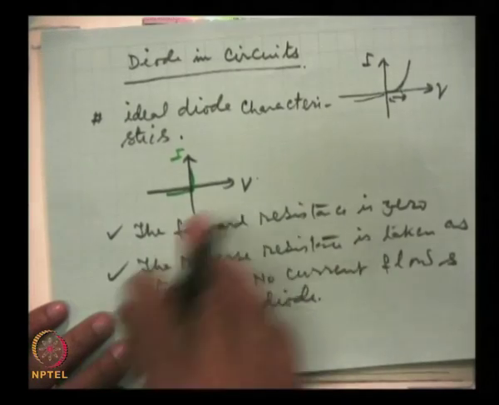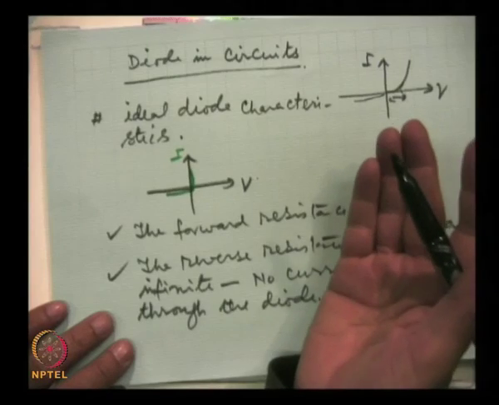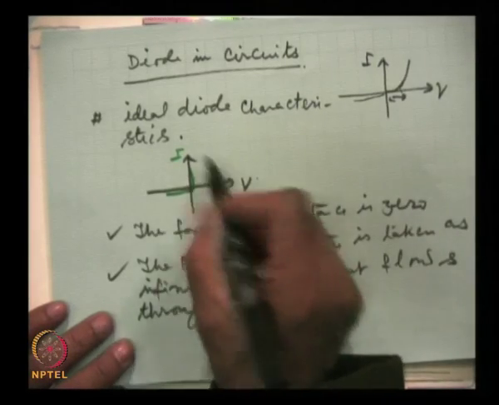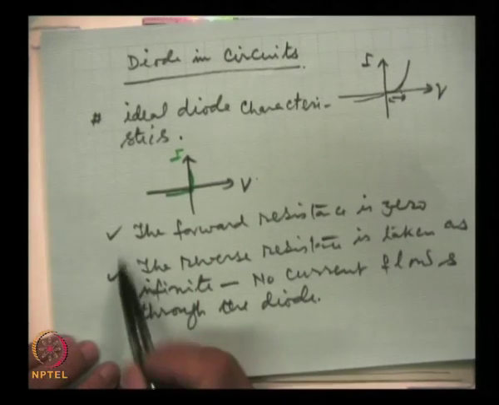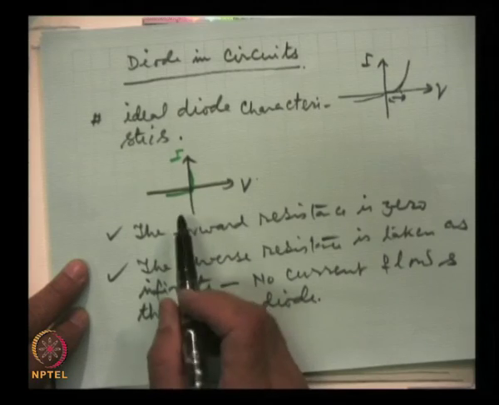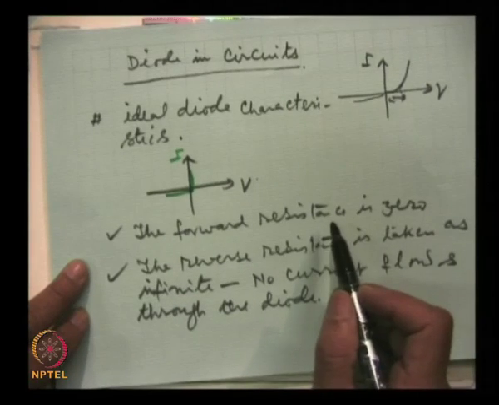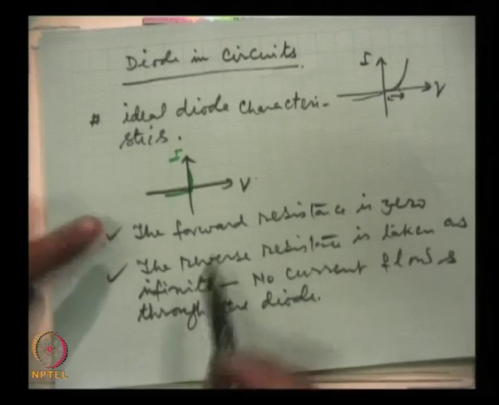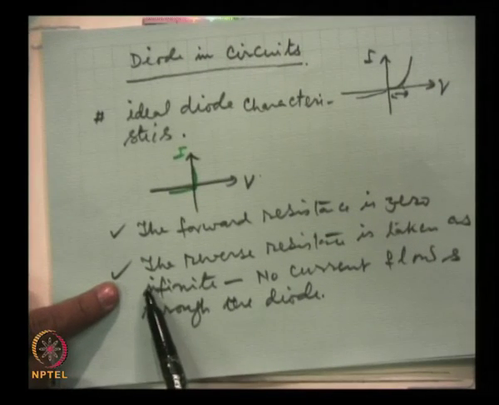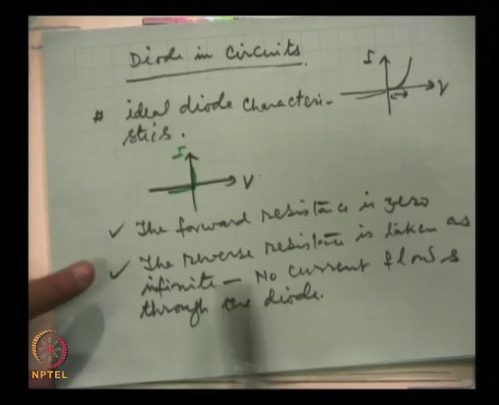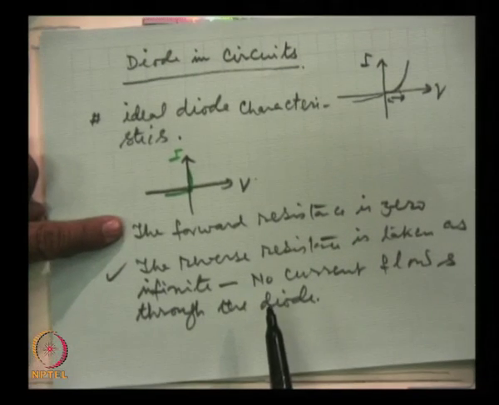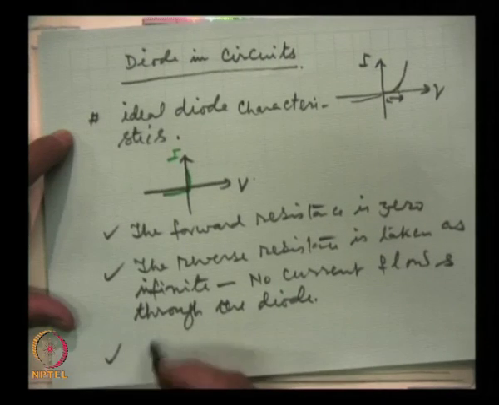Many times the diode is treated as an ideal diode, and we use these characteristics. So, when the diode is forward biased, it is almost a switch. This is one state, the circuit is short circuited; here 0 current, infinite resistance. So, the diode is in the off state here, and in the on state there. So, the diode acts as a switch.